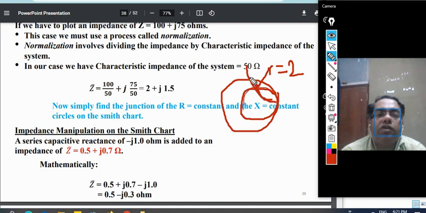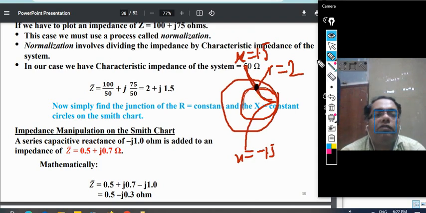This is positive, that means inductive. If the reactance is positive it is inductive, and if x is negative, it is capacitive. So this line we have to select, and below, it is minus 1.5. The intersection of 2 and 1.5 will give you the value of that normalized impedance.